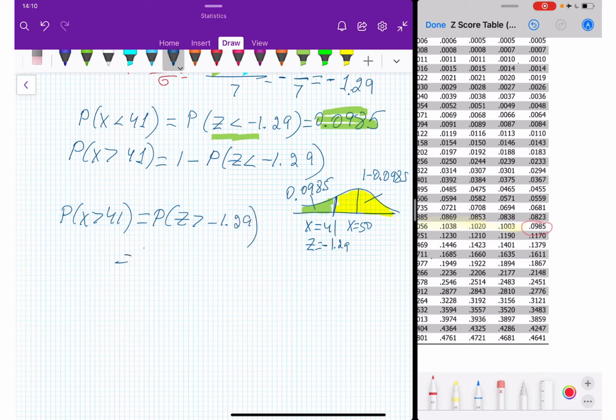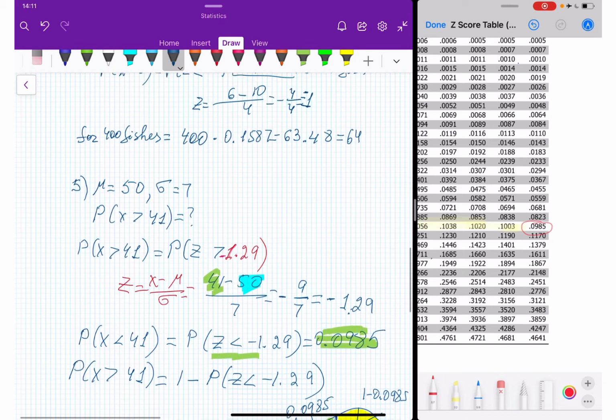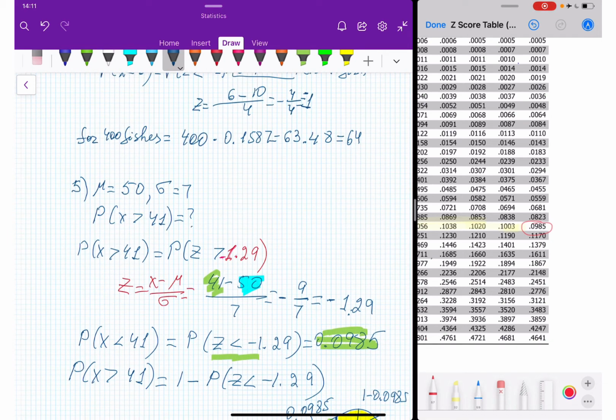That's going to be equal 1 minus 0.0985, and that is equal 0.9015. Okay, so this is question number 5. Now moving to question number 6.